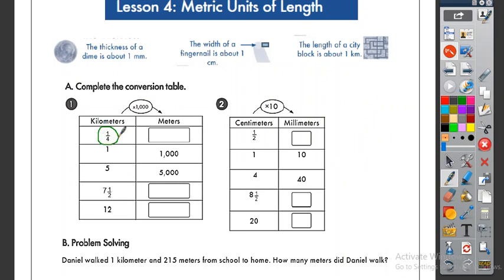1/4 of a kilometer, how many meters is that? Well, you are going to multiply it by 1,000. So a quarter times 1,000 means what is the quarter of 1,000? Well, simply, this is the 1,000. If I cut the 1,000 into 2 halves, I will have 500 here, and 500 here.